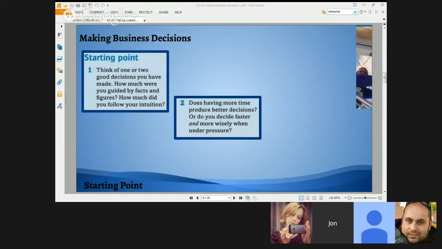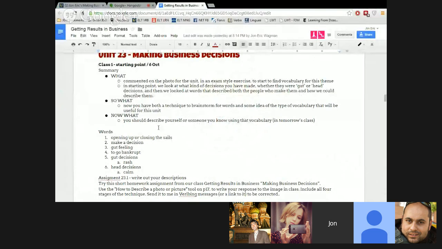And at the very end of class yesterday, I asked you in the notes to think about synonyms for the 2 types of decision making. So let me share the notes with you for a second here, and let me see if you've given this any thought. If you have, great. If you haven't, no problem, we can do it now.